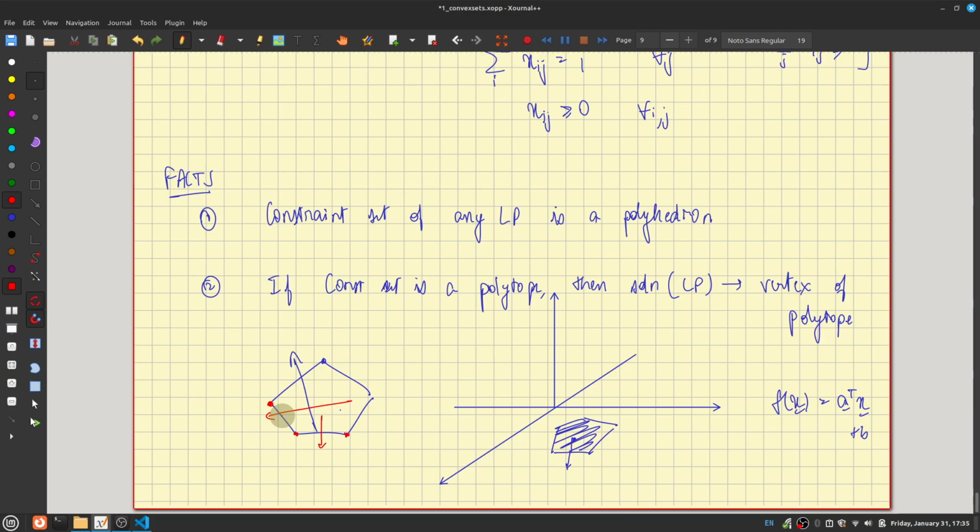Okay? Again, I have not formally defined what a vertex of the polytope is, but you can think about it intuitively in at least 2 and 3 dimensions. It is going to be in the constraint set, and it's going to be one of these points.